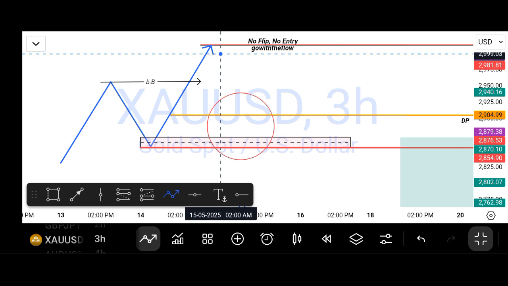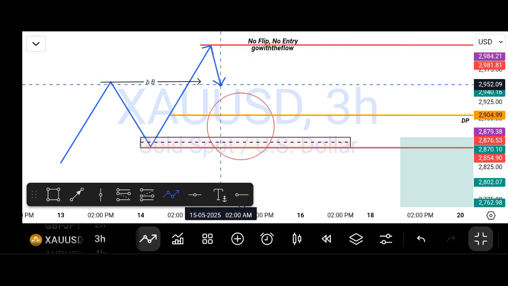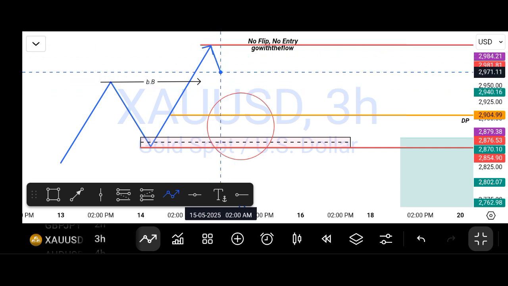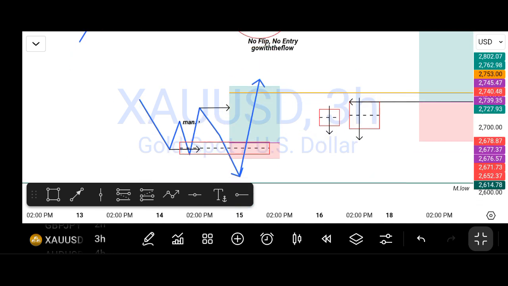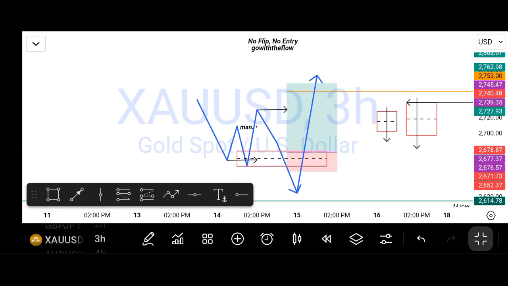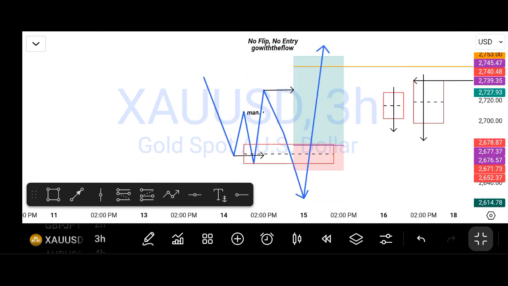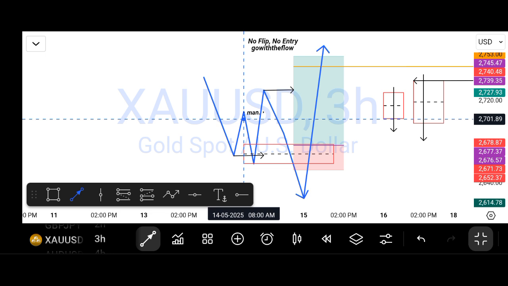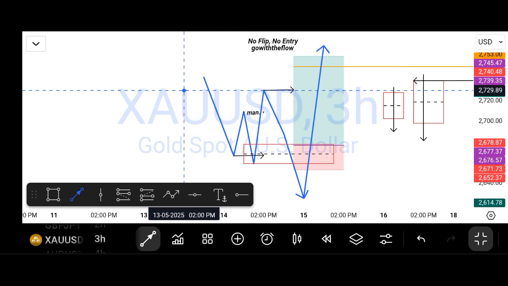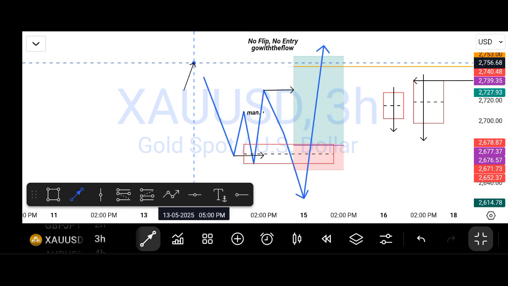What is that reaction? We are looking for price to come down. Okay, let me just use, as price is coming down from that range high.